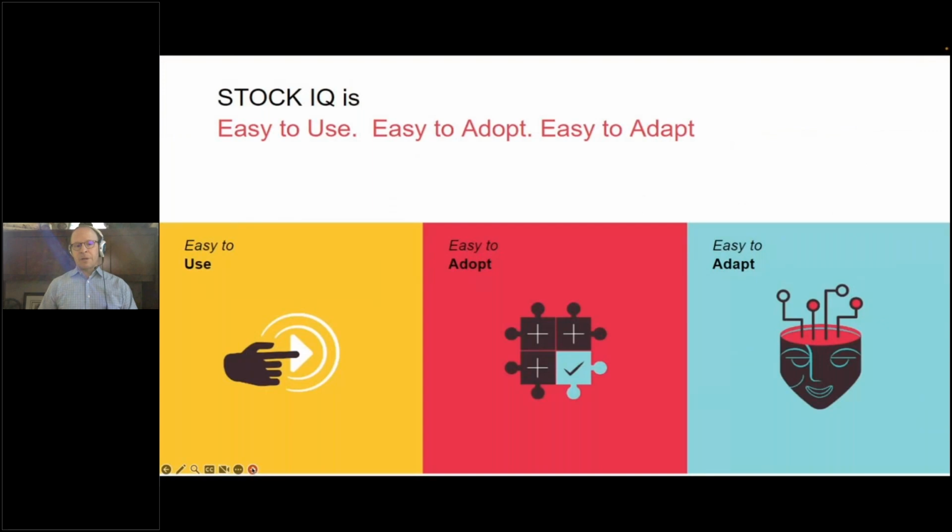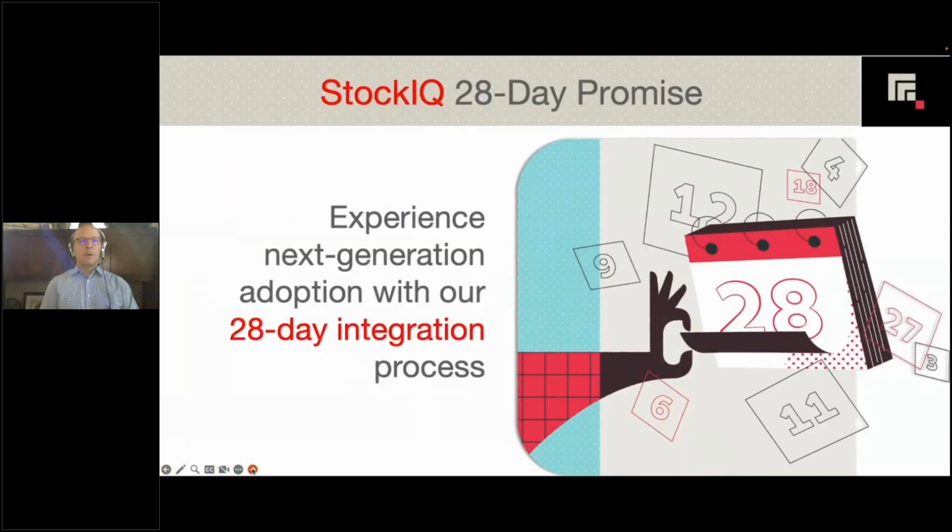Our application has been designed with ease of use, ease of adoption, and ease of adaptation. Ease of use, I'm going to leave that up to you as we go through the overall application. Adoption is focused on getting the application up and running quickly. And adaptation is all about when we have changes within our supply chain, how quickly can we as a company pivot to meet these new requirements in the marketplace? We talked about adoption.